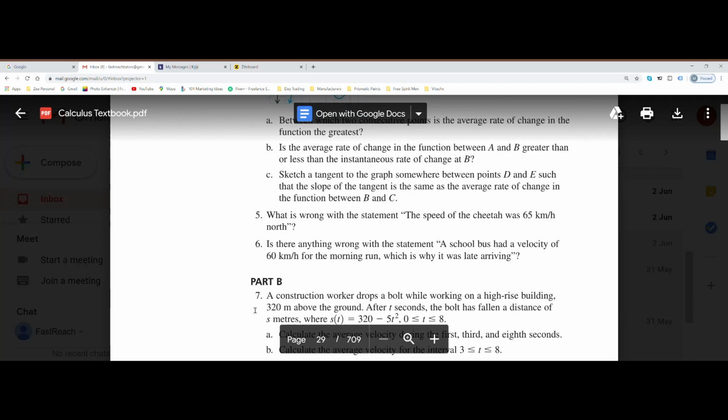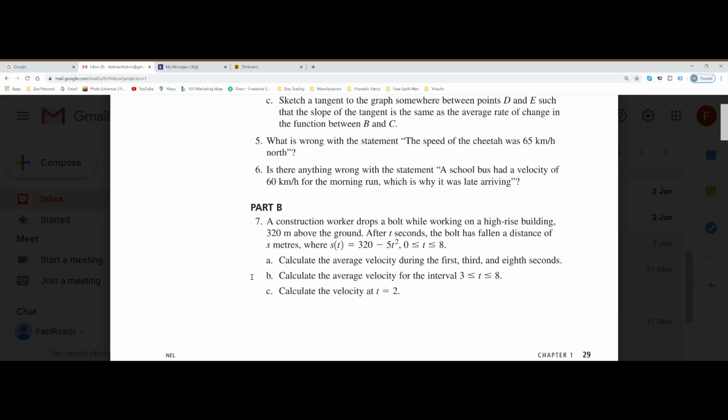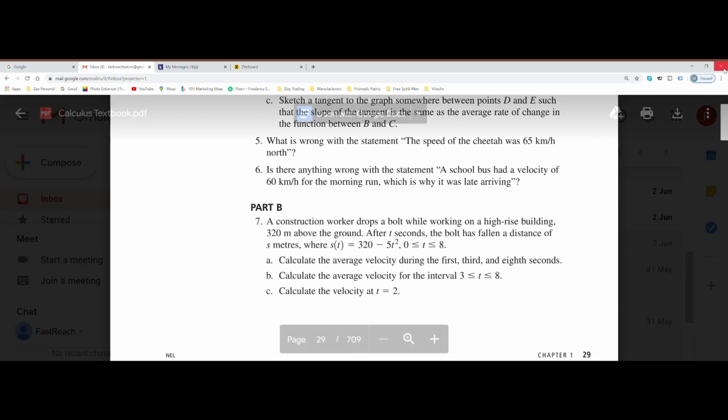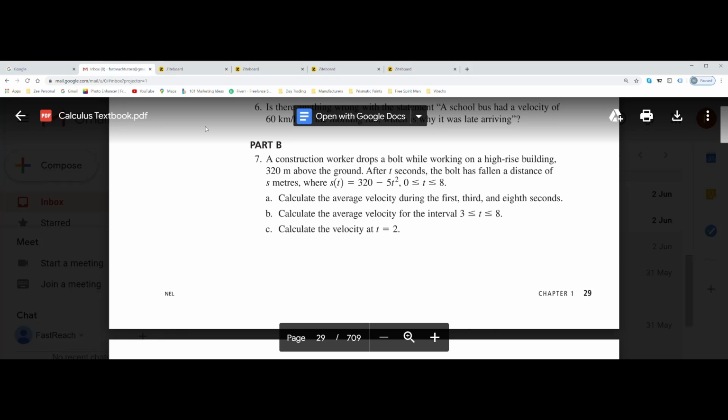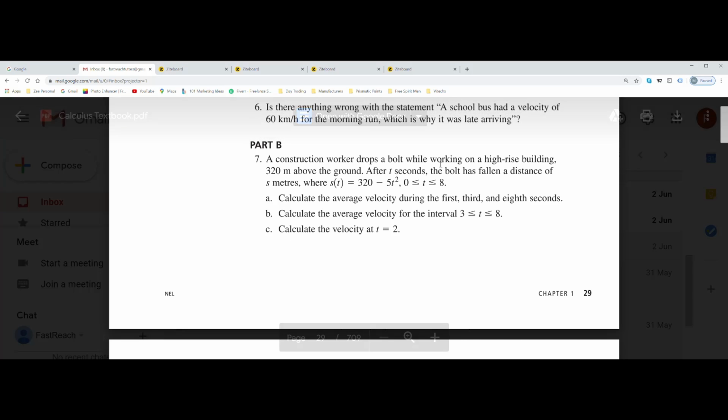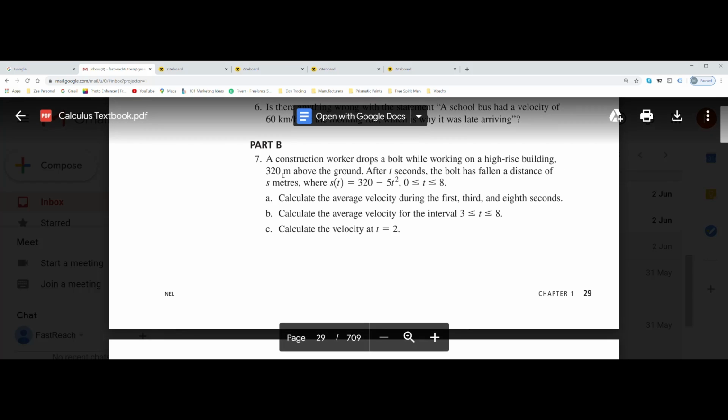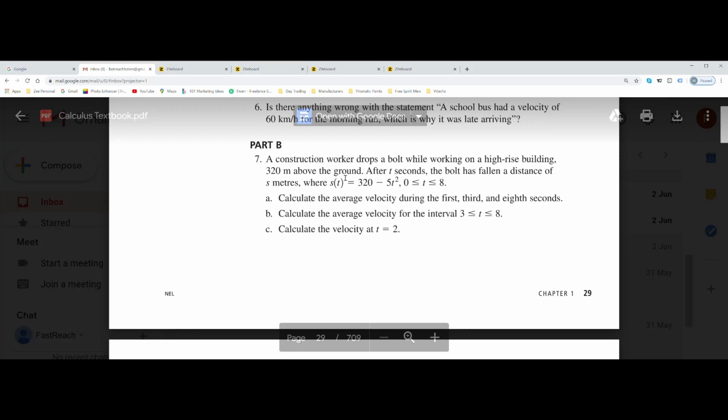So let's look at the next question, 7. For question 7, we're going to look at the equation. A construction worker drops a bolt while working on a high-rise building 320 meters above the ground.